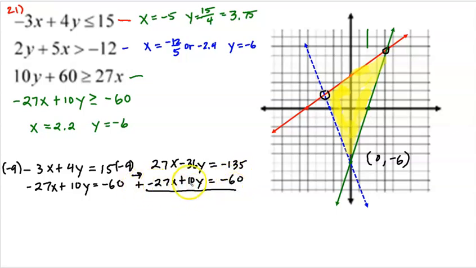Okay, and now we can add, and -36 plus 10 is -26y, and this makes -195. So 195 divided by 26 is 7.5.